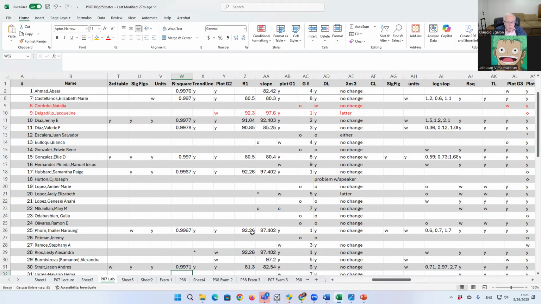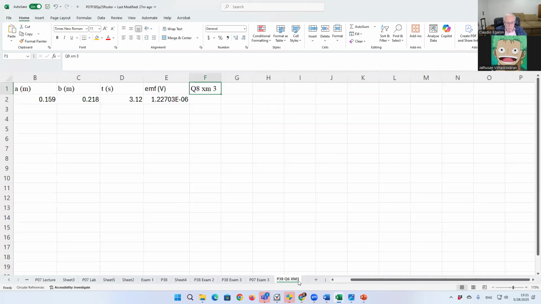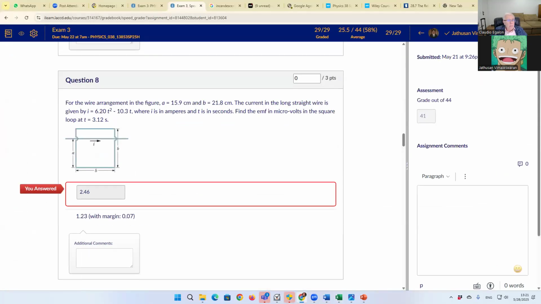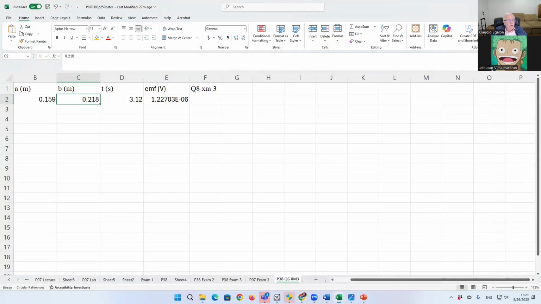Must be this one. A equal 0.159, B 0.218, in meters. 3.12 seconds, and then I wrote down the equation.